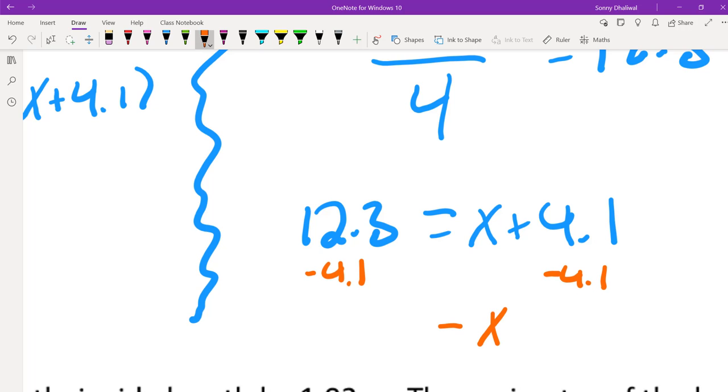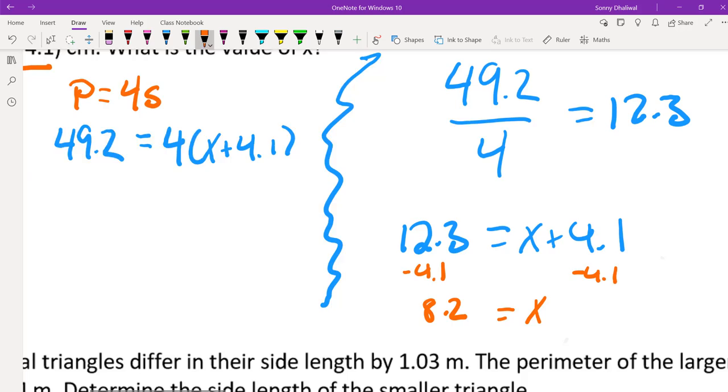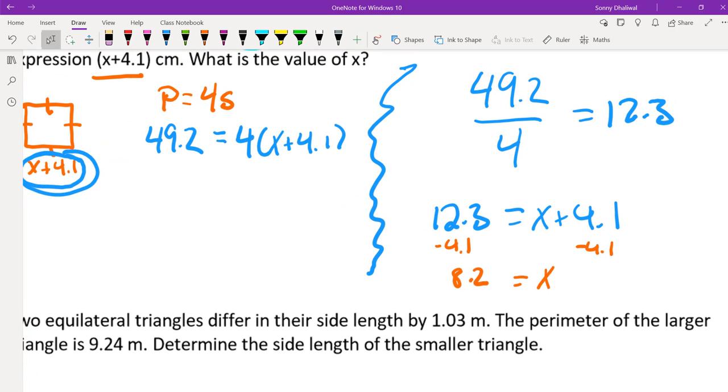X is equal to 8 point something, right? 8.2? 8.2, right? So I think most students can do this a lot easier than setting up the equation, right? If this is fail proof, if you can get this, you'll get your answer. Sometimes you just don't see this.